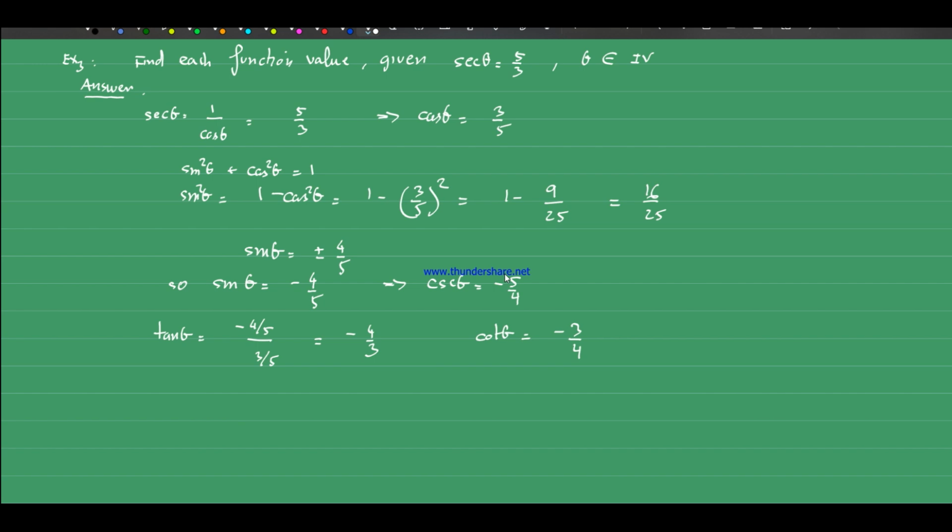So we got all 6 trigonometric functions. Good. Okay, let's pick another one.